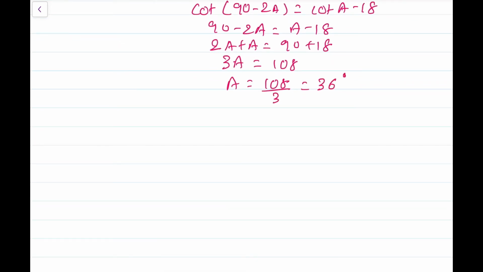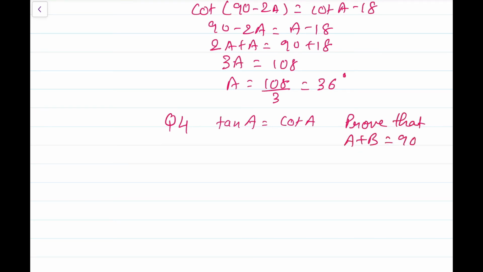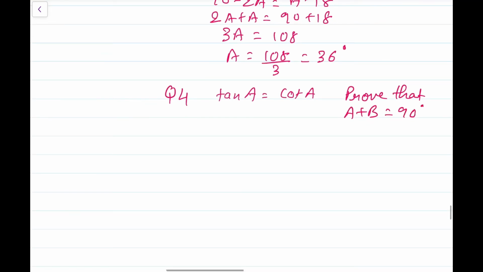Let us do the fourth one, which is similar to it. Tan a is equal to cot b. We have to prove a plus b is equal to 90. So we have tan a is equal to cot b.